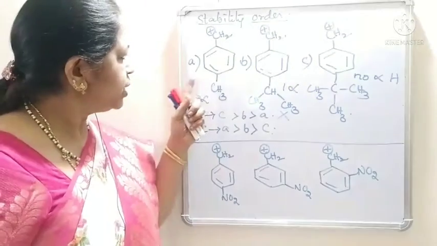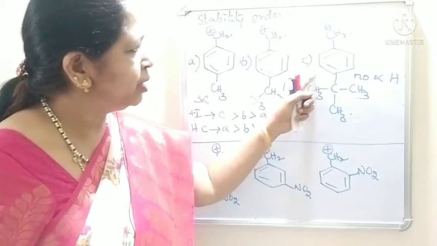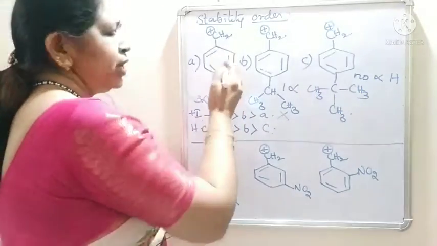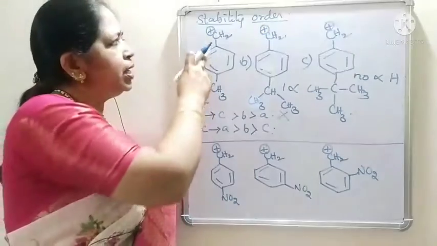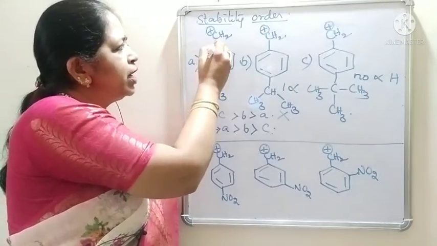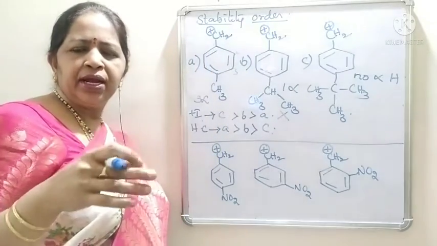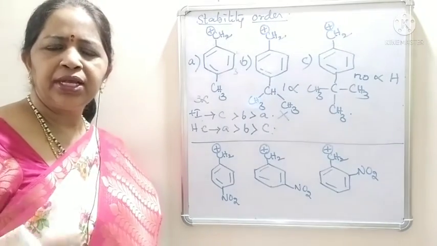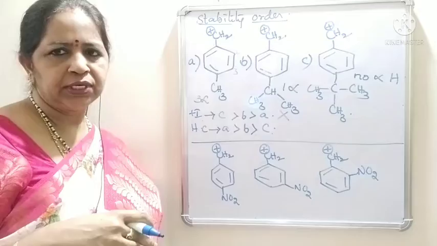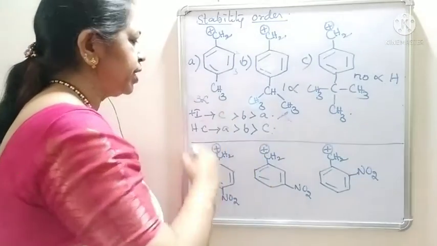It is A which is more stable than B, which is more stable than C, because the inductive effect is possible up to 3 carbon atoms only. Here this is the carbonium ion, carbons 1, 2 and 3. On the 4th carbon onwards, the inductive effect is negligible. So the inductive effect is not considered in this case.